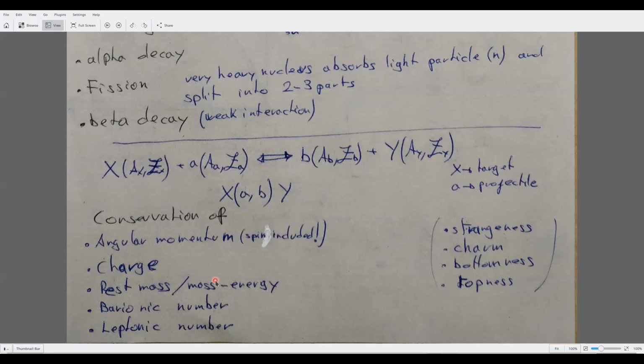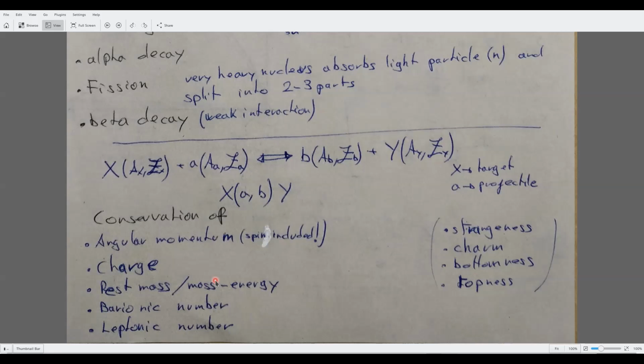If you do just this, you see that you have a proton and a neutron. The baryonic number is conserved, okay, but you see that the charge is not conserved.